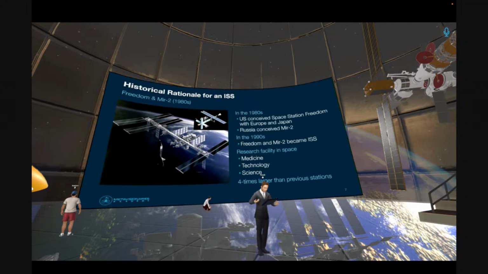So for example, Japan has a laboratory, Europe has a laboratory, the US has a laboratory, and Russia has several laboratories. So these laboratories are all connected together and orbit the Earth and allow the opportunity to do science that could not be done on Earth, that takes advantage of the weightlessness in space.